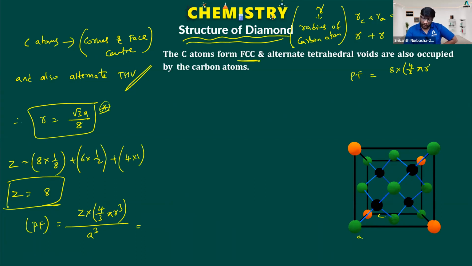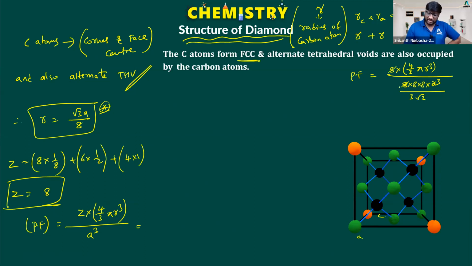A is nothing but 8r by √3. So 8 into 8 into 8, r cube divided by 3 √3. √3 into √3 becomes 3, 3 √3.